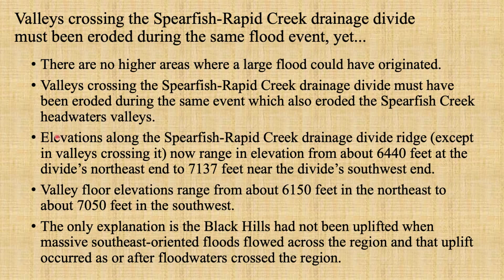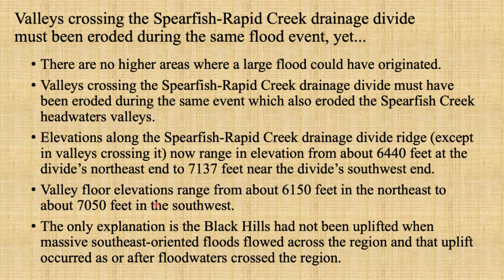The elevations along the drainage divide range from about 6,440 feet at the northeast end to 7,137 feet near the southwest end of the drainage divide. And I think that difference in elevation is probably the result of Black Hills uplift that has occurred since the drainage divide was formed. And the same thing with the valley floor elevations.